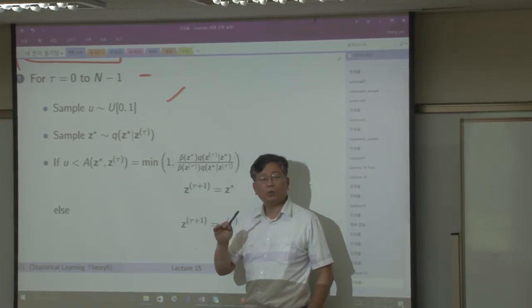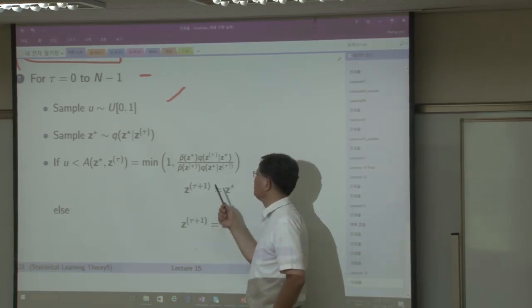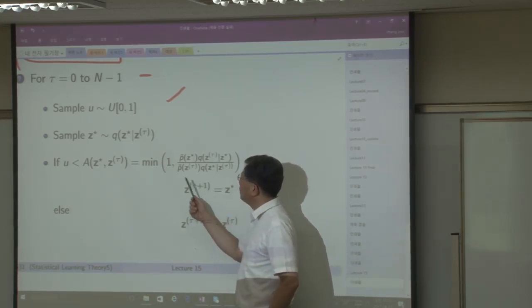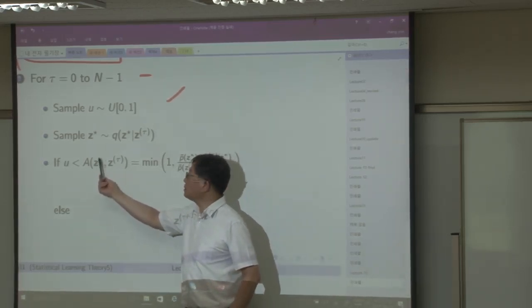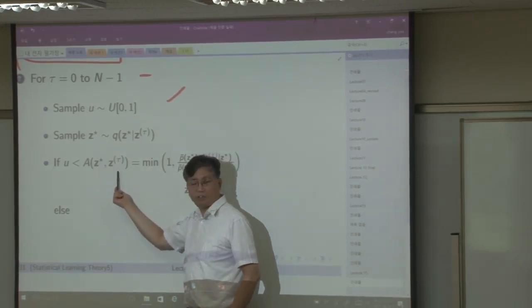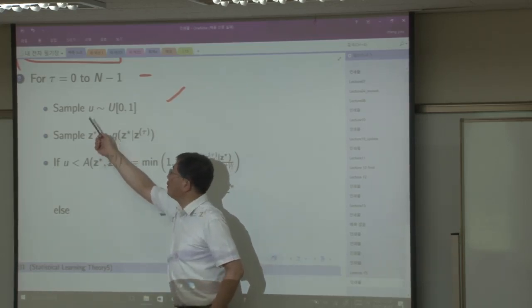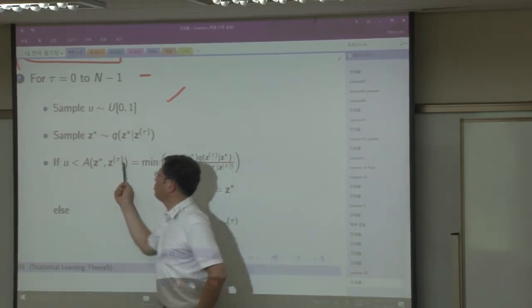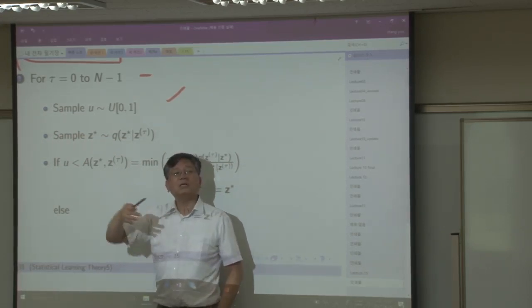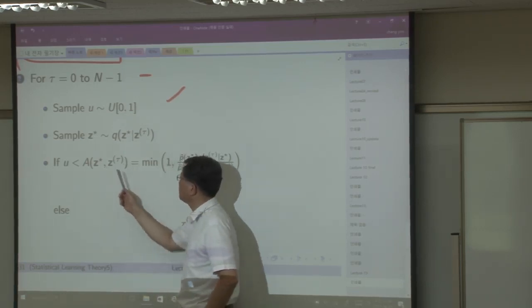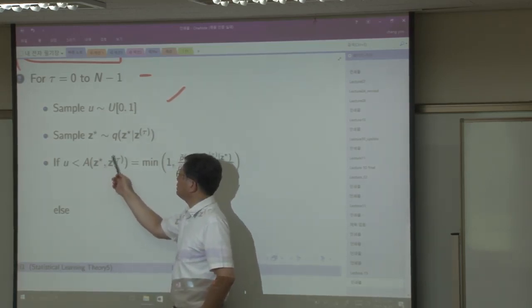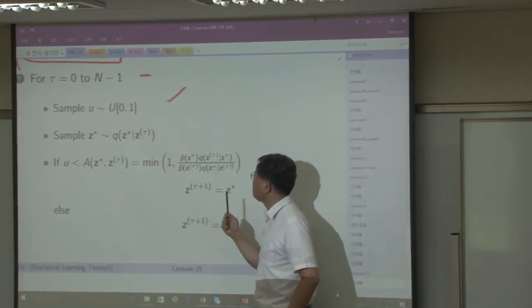There's one way the book explains it, and I think there is a little bit of a typo in the equation. So the A is a function of the sample and the previous one. We're at time tau, and I want tau plus 1, which will be the next sample. So z star and z tau.